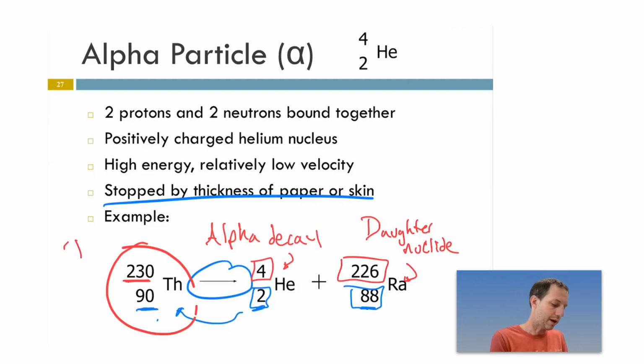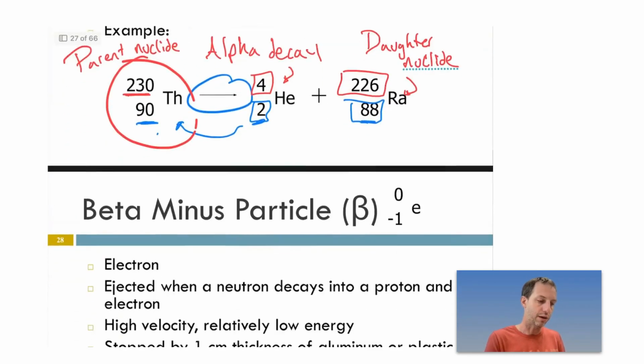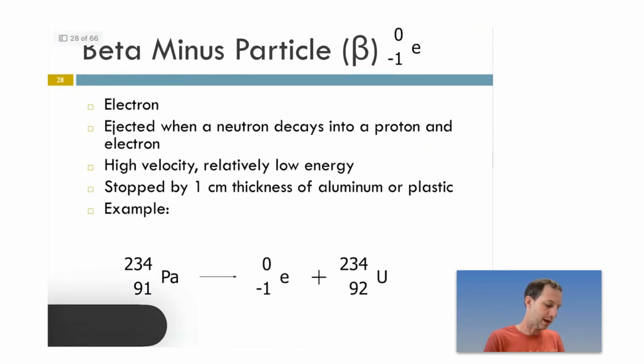So this is the parent nuclide, just to use our vocab, and it's undergoing alpha decay to produce the daughter nuclide of radium 226. Okay, let's look at this beta minus.